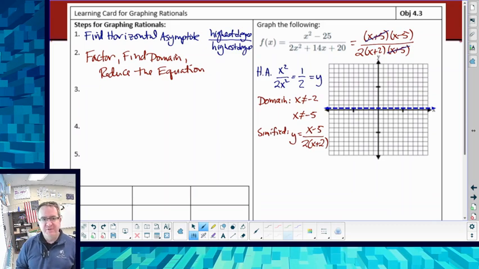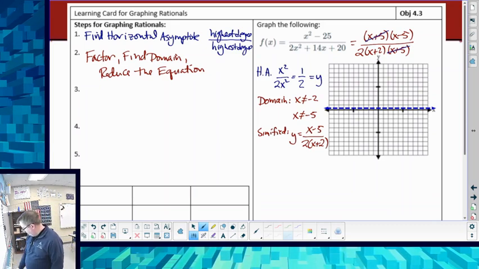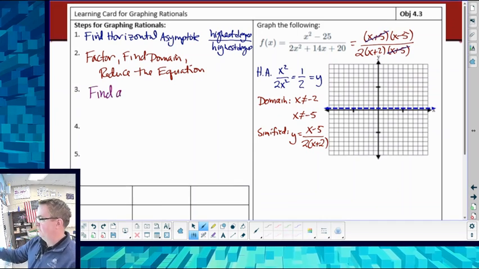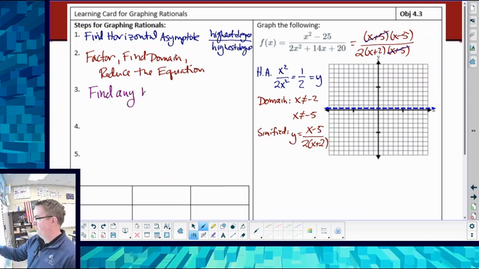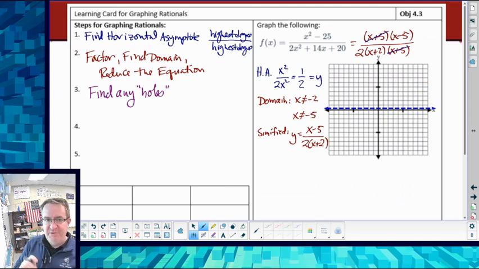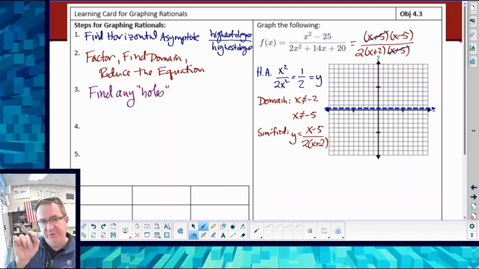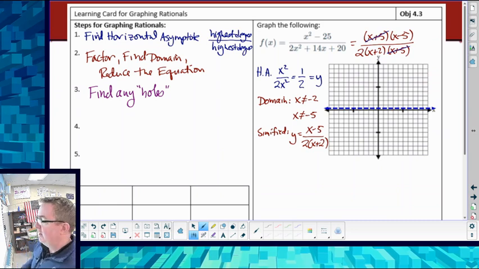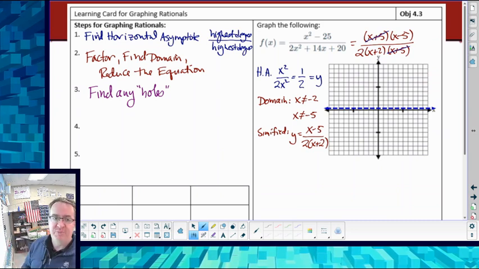Why did I say find the domain? Here's why. Because in step 3, you're going to find any holes. I put holes in quotes because it's technically a removable discontinuity. Discontinuity is places where you have to pick up your pen when you're drawing the graph. And it's removable because we removed it.